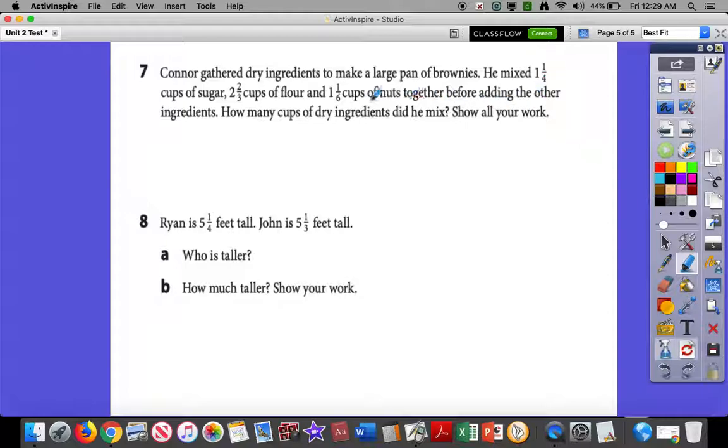So they're going to tell us these ingredients that he uses. He uses 1 1/4 cup of sugar, 2 2/3 cups of flour, and 1 1/6 cups of nuts. So they want to know how many cups of dry ingredients did he mix.